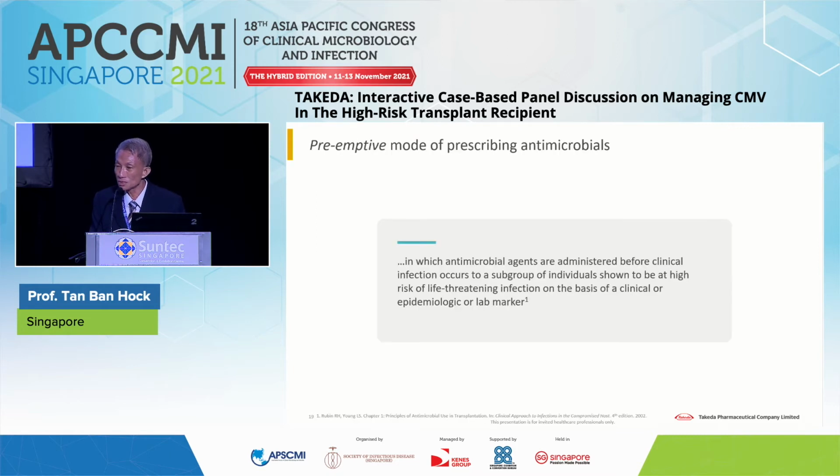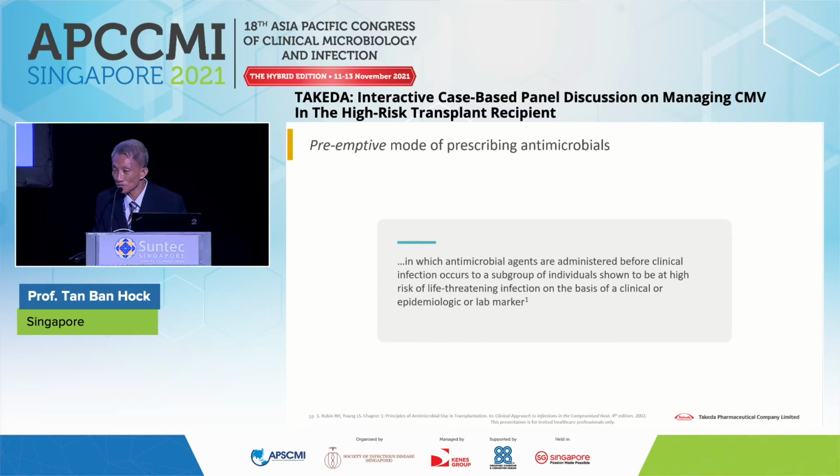Now, the preemptive mode of prescribing antimicrobials was mooted and popularized by Bob Rubin, under whom I had the pleasure of training. And he defined it as the mode in which antimicrobial agents are administered even before clinical infection occurs. And there's no universality to it.